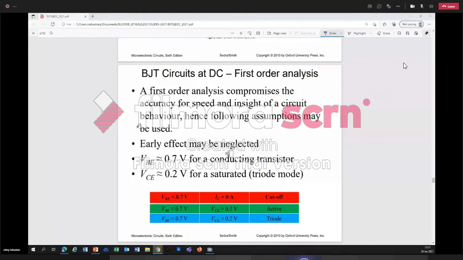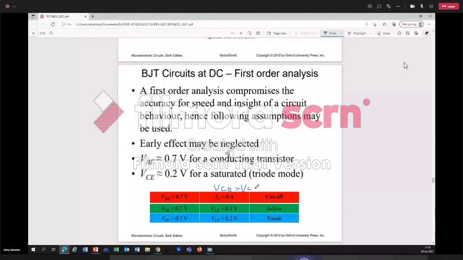VBE less than 0.7, IC equal to 0, it is cutoff. And here I could even write IC equal to 0 means VCE equals VCC.